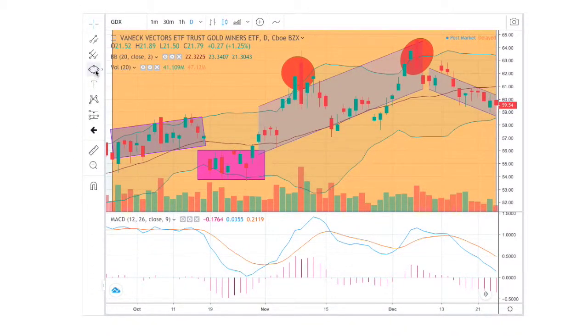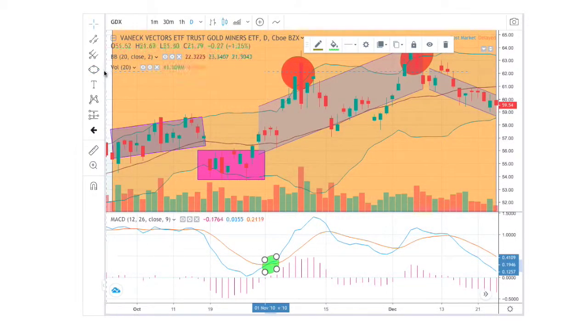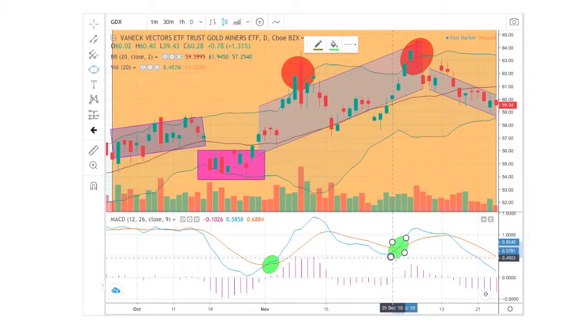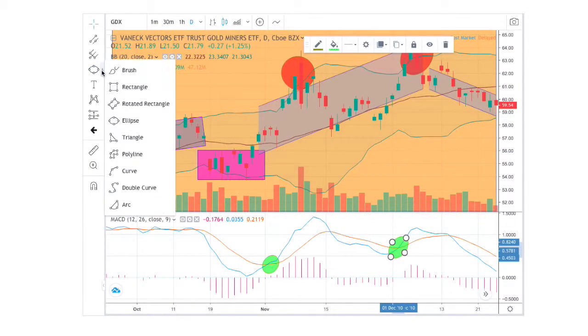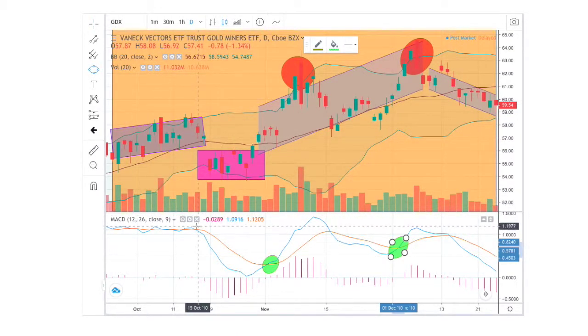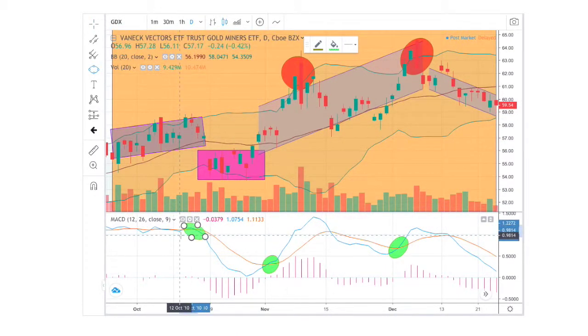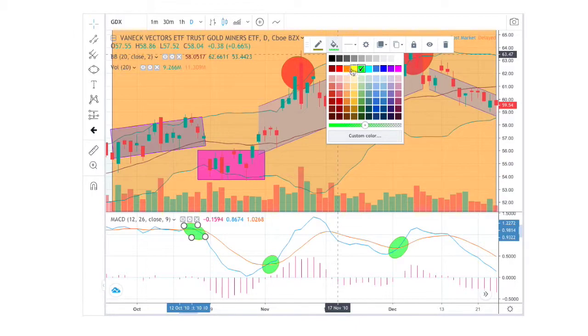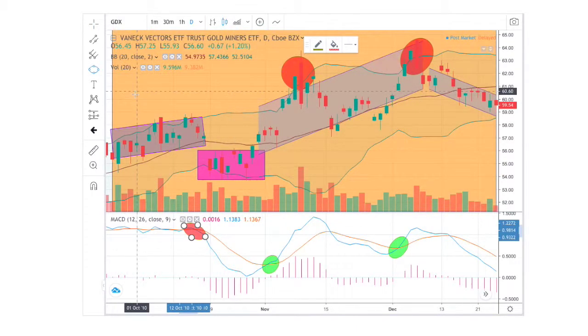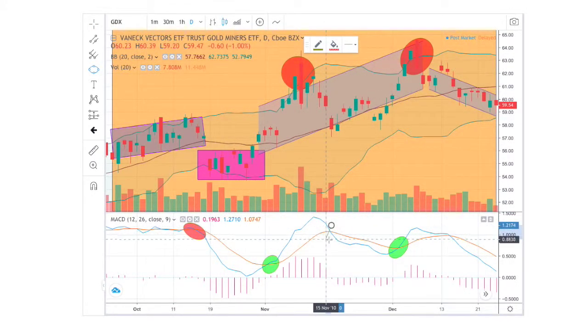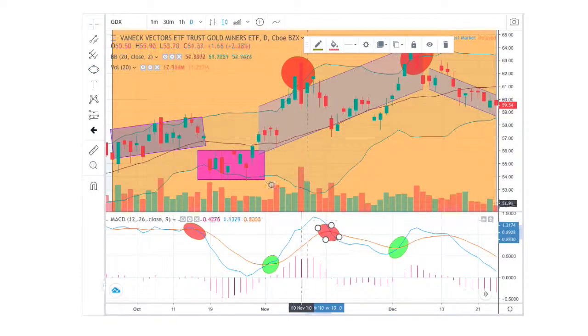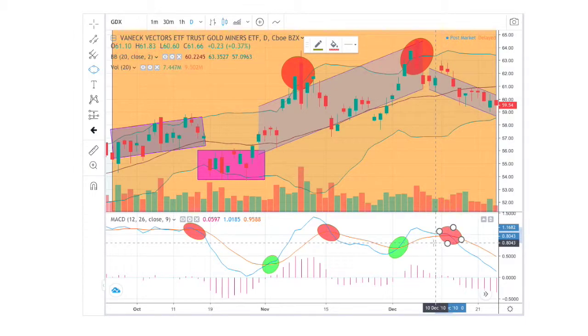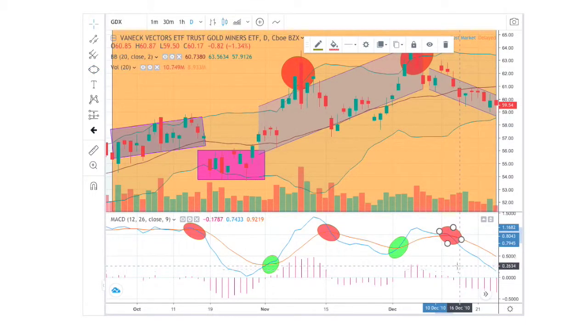So we see the pattern here as well, 2 converging, and here as well, 2 green, and let me mark 3 red. So we see the diverging right here in the beginning of the trend, and another diverging pattern here in between the 2 green converging lines.